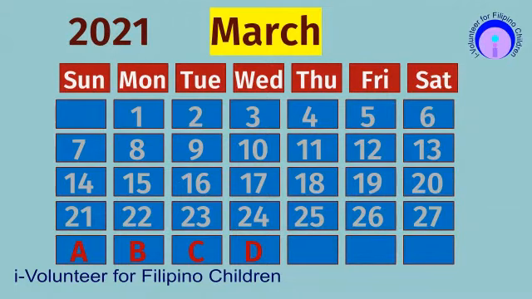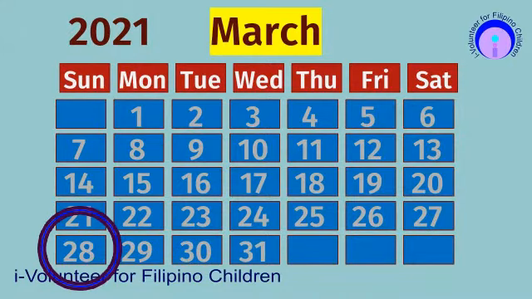For letter A, it must be what date? Let's take a look at the date above letter A. It's 21 plus 7 is equal to 28. Therefore, letter A is representing March 28, 2021.